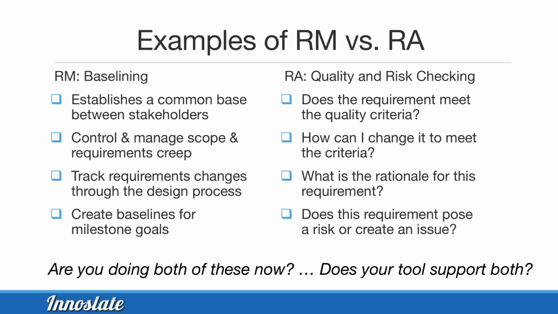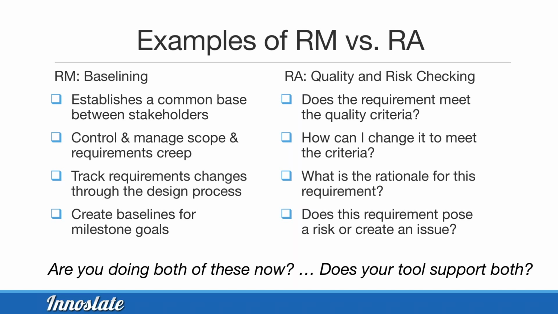Also, control and manage the scope. Try to keep requirements creep from happening. Of course, we often don't call it requirements creep. It's closer to requirements gallop. It moves very fast in some environments, and it's very difficult to keep under control.